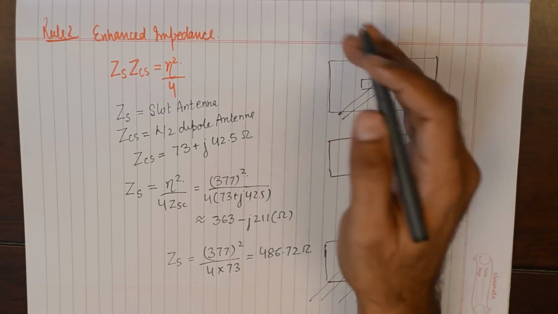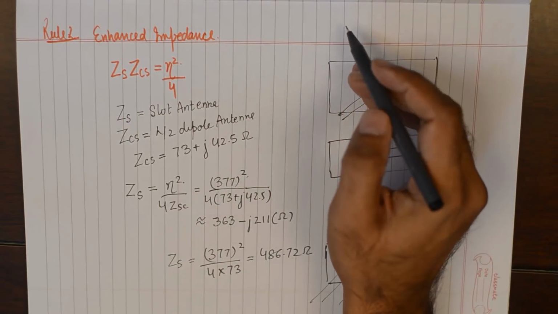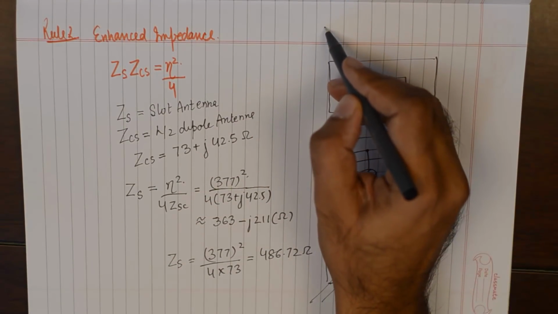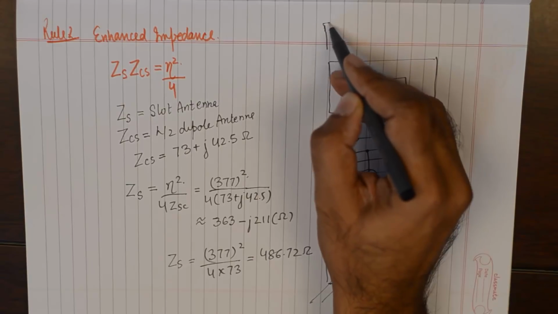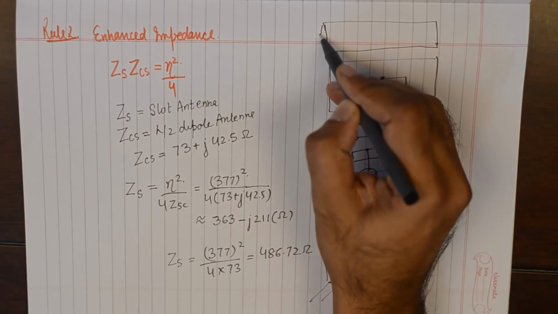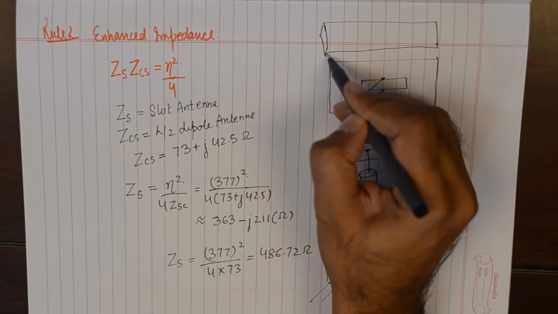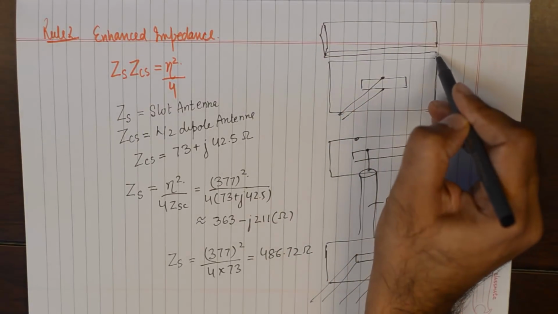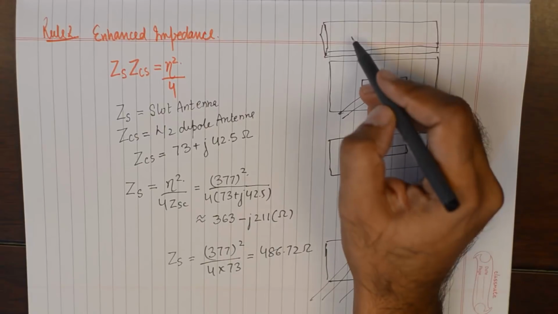Finally, I'd like to throw some light on using a waveguide as an array of slot antenna.